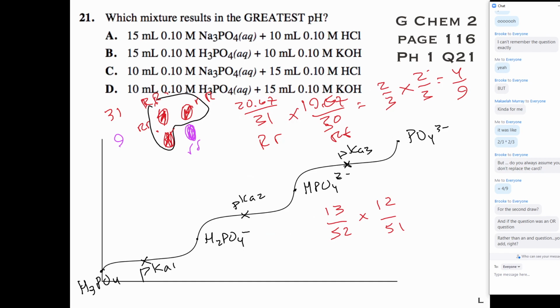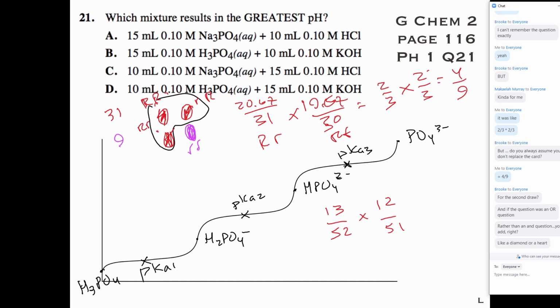Oh yeah, exactly. I guess if you have 2 decks, 2 separate decks, then yeah, if it was a diamond or a heart, then it'd be 26 out of 52 times 25 out of 51, something like that. The total possibilities, it could be one of the things you need.